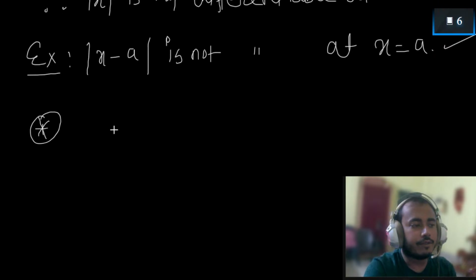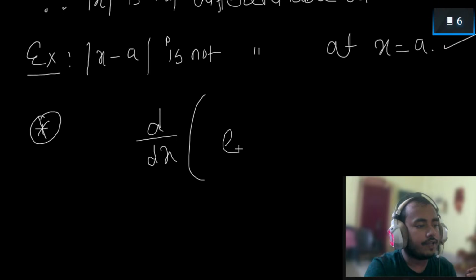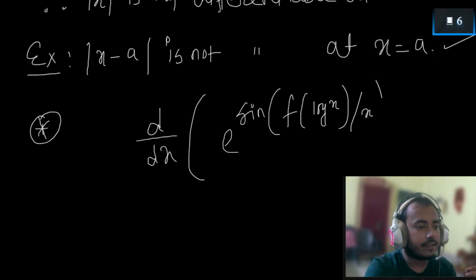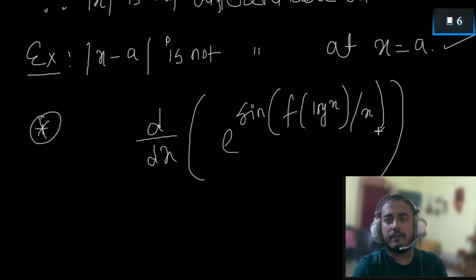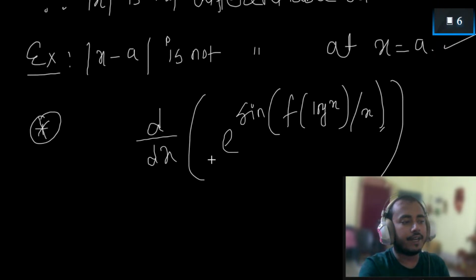So anyone who is hesitant about finding derivatives, let's say you're given to find the derivative of e to the power sine of f of log x by x. Let's say this is the problem you have at hand. You have to find d dx of e to the power sine of f of log x by x, where f is some function you do not know.